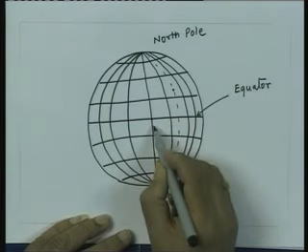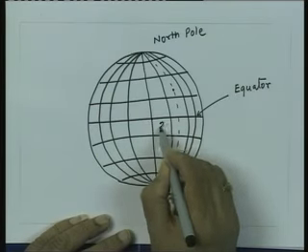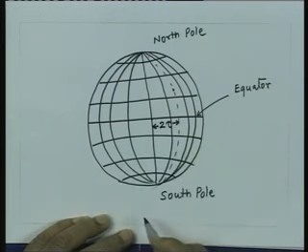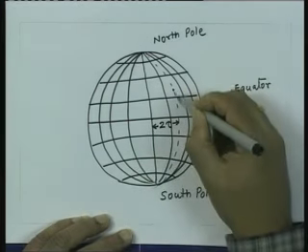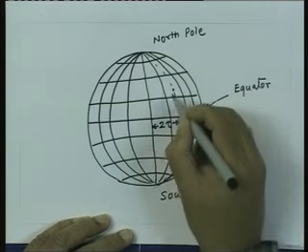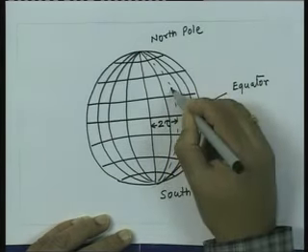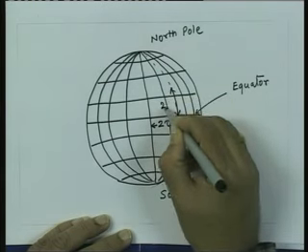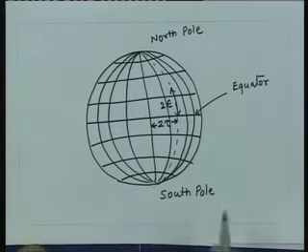On the equator, if I measure, this angle is 2 tau, and this angle which is the latitude of this point is 2 epsilon. So, I have here this angle from here to here, that is 2 epsilon.